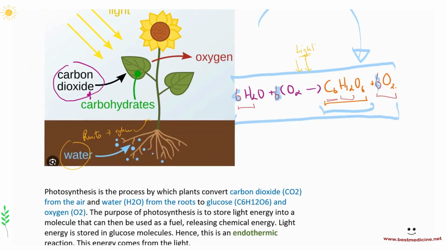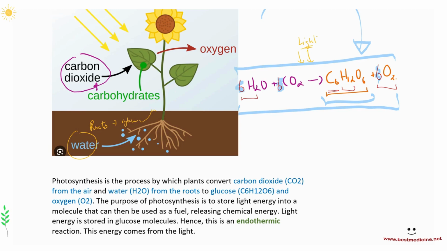So photosynthesis is the process by which plants convert CO2 from the air and water from the roots to glucose and oxygen. Now the purpose of photosynthesis is to store light energy into a molecule that can be used as a fuel. And that molecule again is glucose, releasing chemical energy. Light energy is stored in glucose molecules. So because we are storing energy, right? If we're storing energy, we're taking energy from the outside and putting it inside to the reaction, then is that an exothermic reaction or an endothermic reaction?